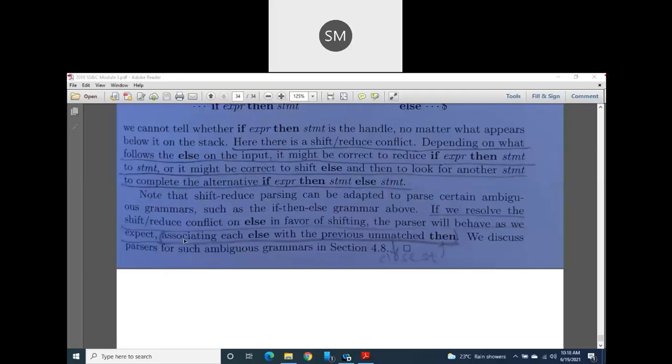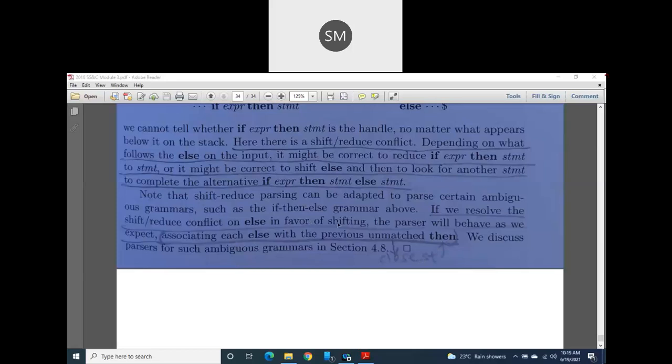You relate each else statement with the nearest or closest if statement. That was the solution for our ambiguous grammar of the dangling else problem.